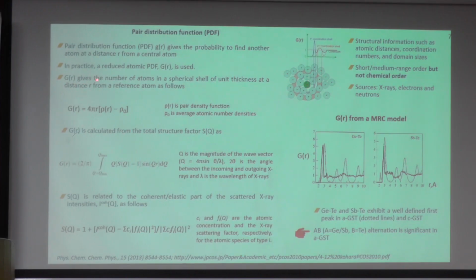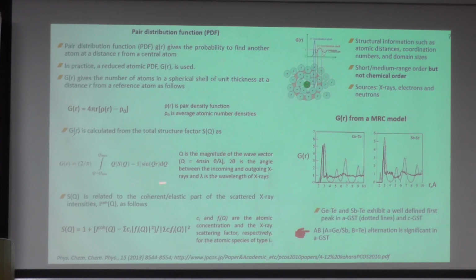G(r) gives you the number of atoms in a spherical shell of unit thickness at distance r from the reference atom, and it's calculated from the structure factor which you measure at such sources, as a function of Q. This is also an important factor, and it's related to the coherent elastic part of the scattered X-ray intensity.